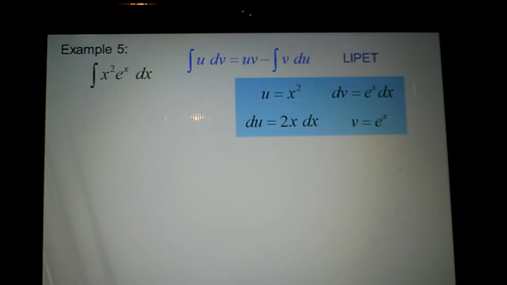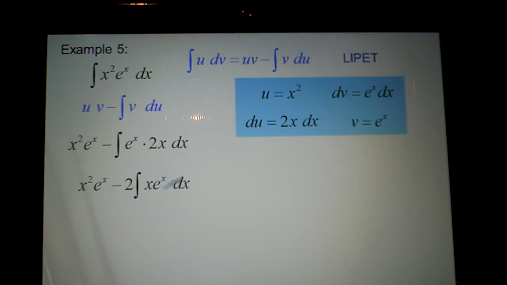Anti-differentiate e to the x, and I get e to the x. Yay. Substitute. And when I substitute, a little bit of a dagger, because after substituting, I have an integral of another product.